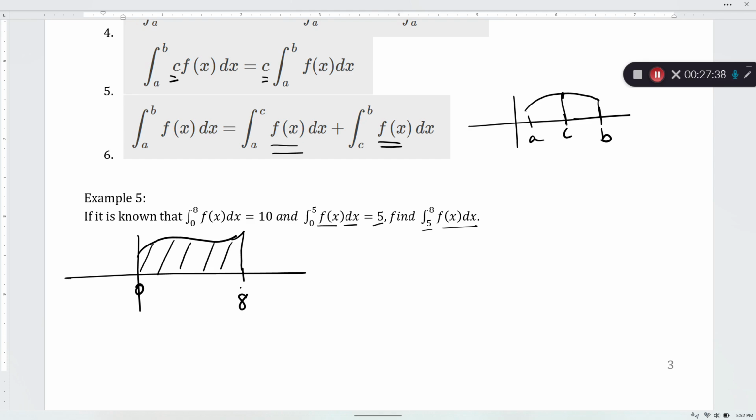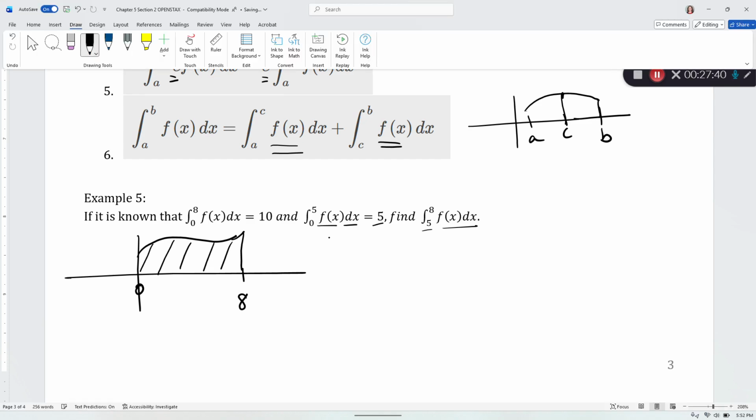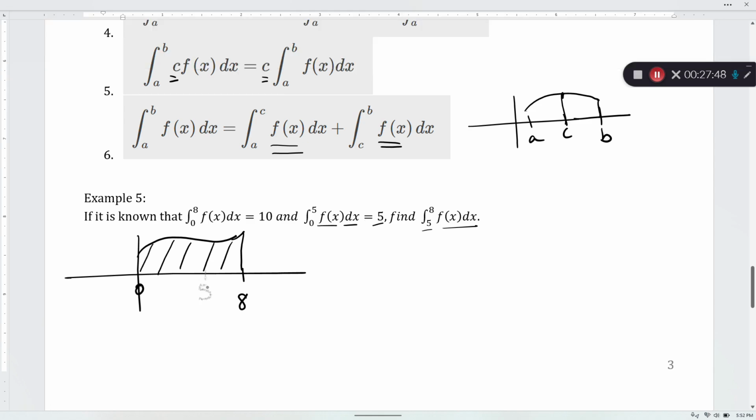That's all 10. And we know 0 to 5 is 5. Then what are we doing?